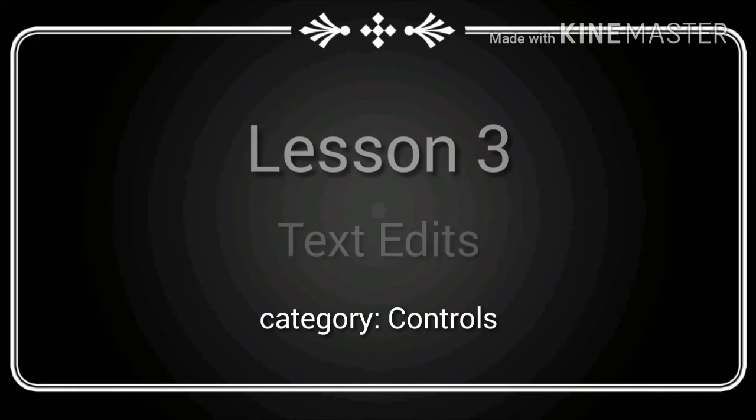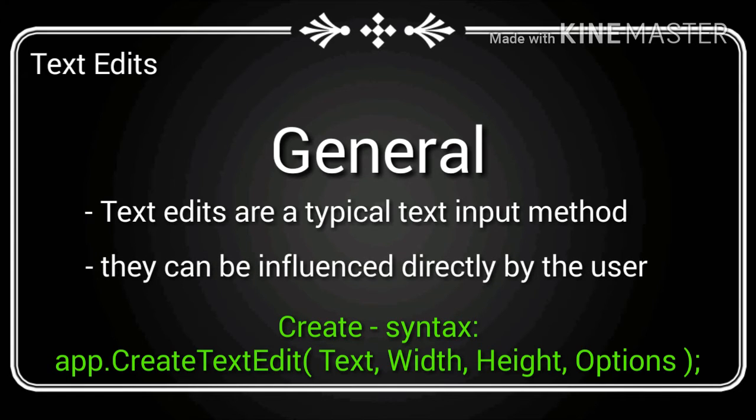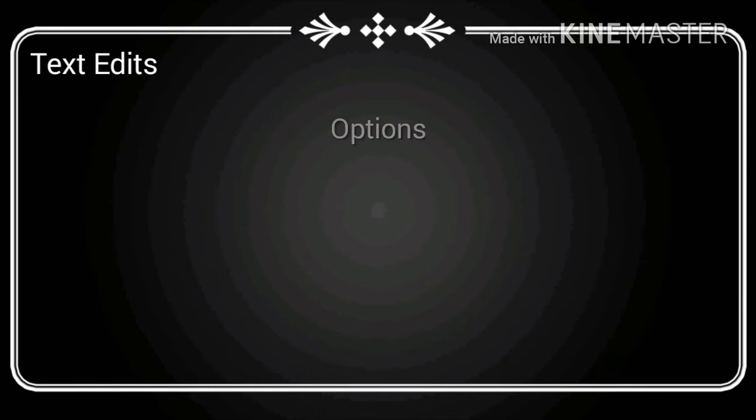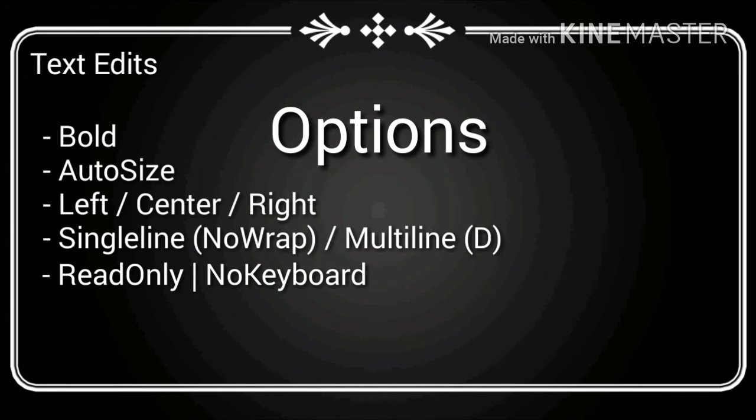Lesson 3. Text edits. Category controls. General. Text edits are a typical text input method, and they can be influenced directly by the user. Options. Text edits and text labels have many of the same options. These are the bold, auto size, left and right, single line and multi-line options. Read only prevents the user from typing, and no keyboard prevents the keyboard from being shown.